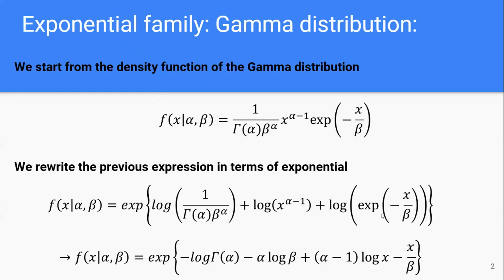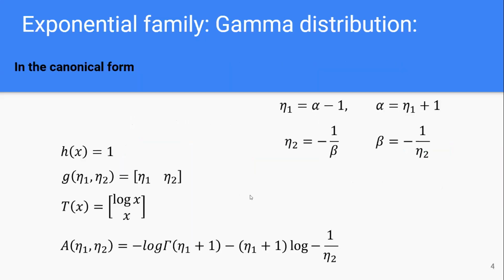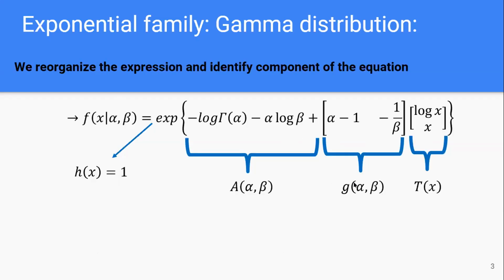We do a rearrange here to divide this into the structural form. Here we have the h(x) and all these variables, the ones that are directly related with x and with the parameters. And then we transform it to the canonical form.